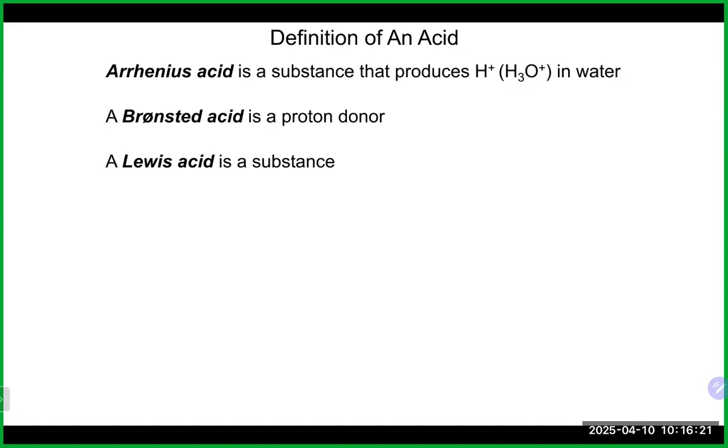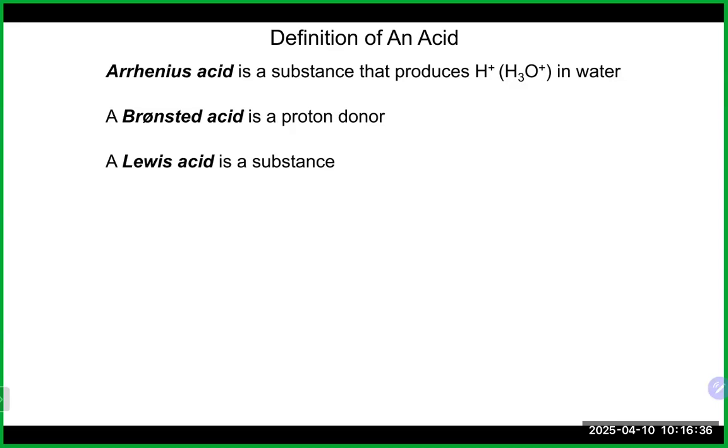And when we think about Lewis, we think about Lewis structures. And when we draw Lewis structures, you involve electrons. That's what you draw. So probably no surprise, a Lewis acid and base actually involves electrons and not protons.